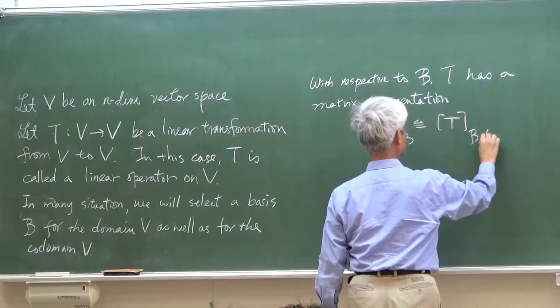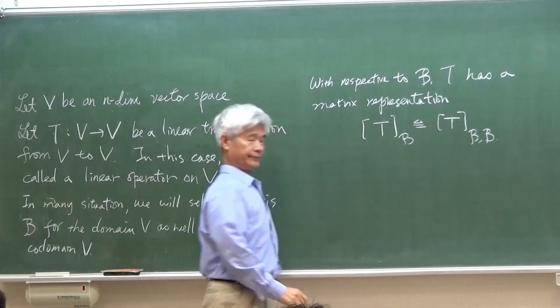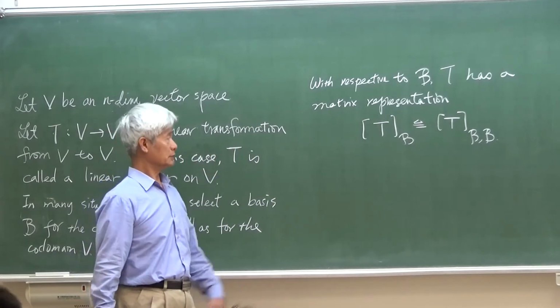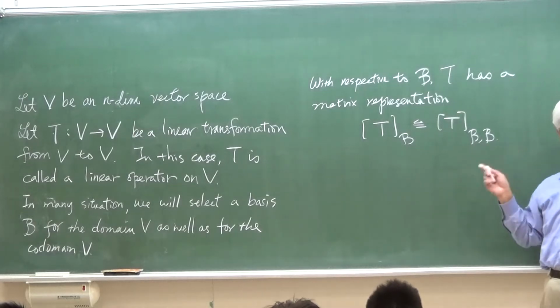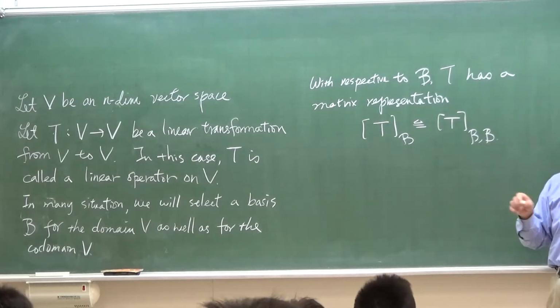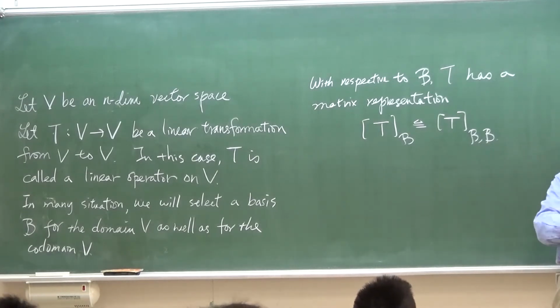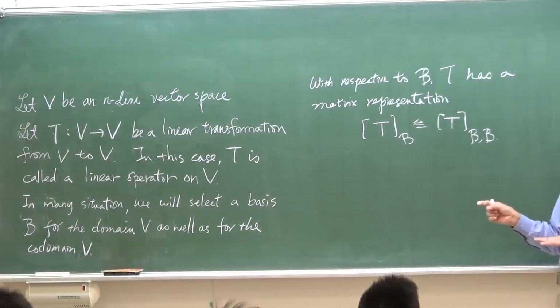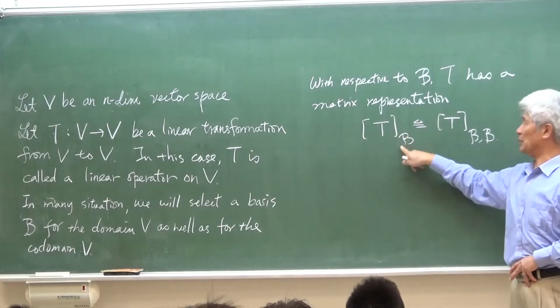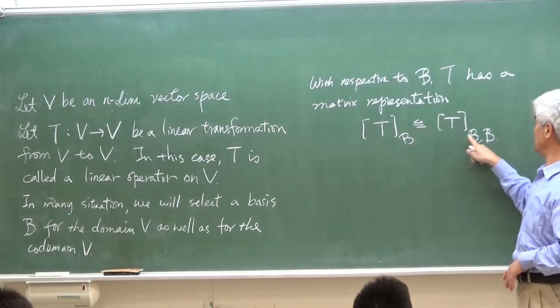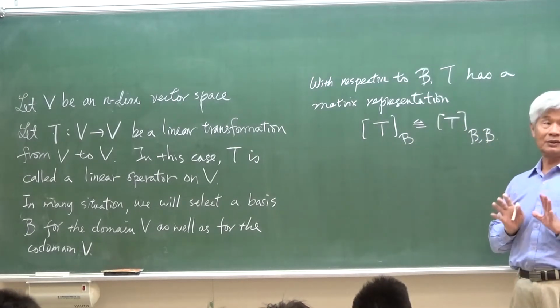In general, the matrix representation should be called T_{B,B}, because we use the same basis for the domain V and for the codomain V. But we will use the notation T_B. So it's just a new notation.